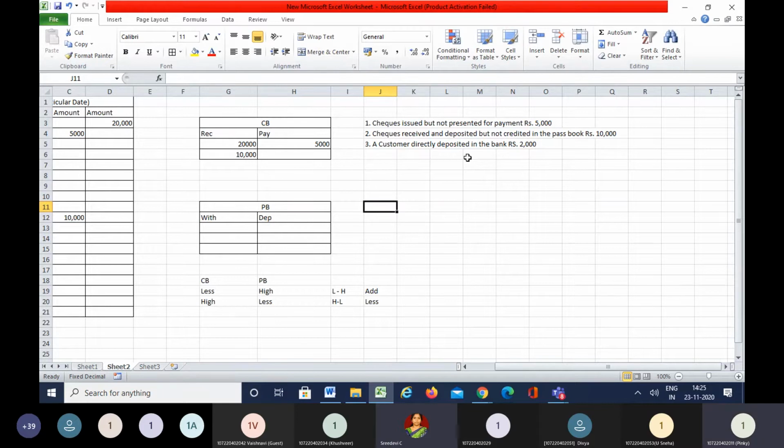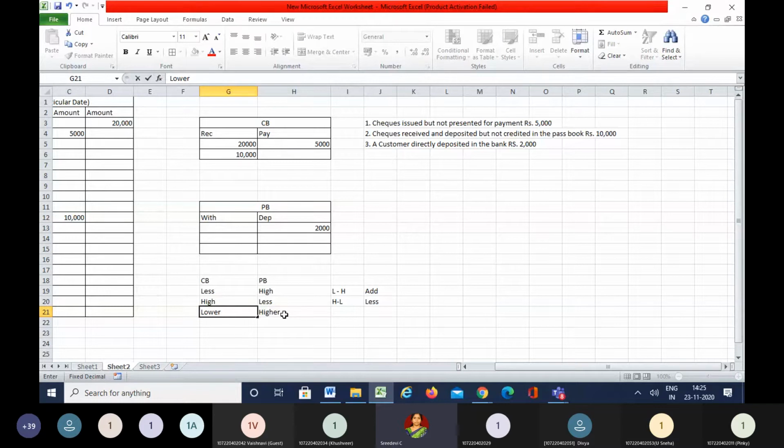Passbook. Very good. It was recorded in the passbook. So direct deposit means it is onto the deposit side. Because of this deposit, what is happening to the balance here in the passbook? Increases. So it's higher. Now which book is less? Cash book. So cash book is lower and the passbook is higher.